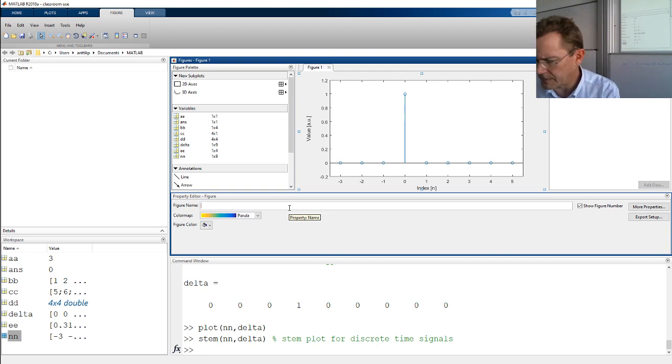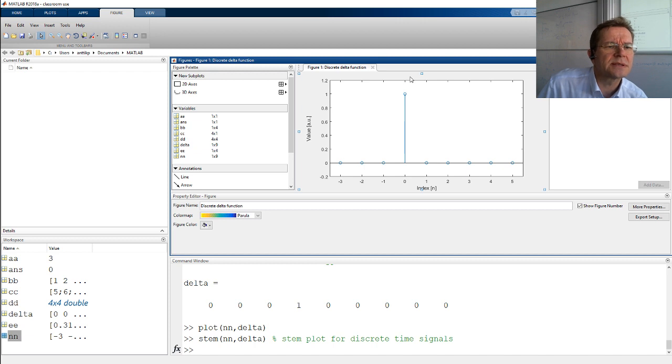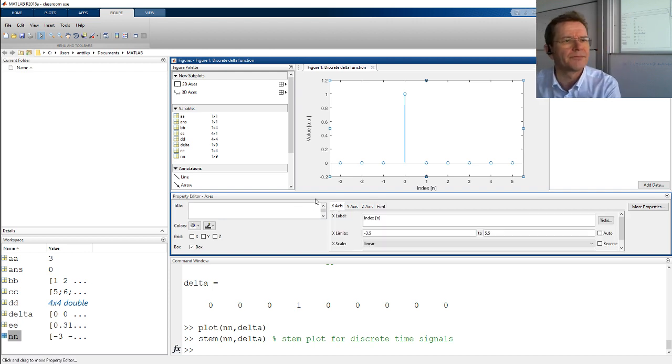That was the delta function, actually discrete delta function to be precise. How to get this title here? Let's see. Font... oh, title. There. Discrete delta function.